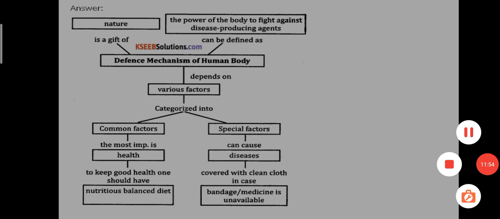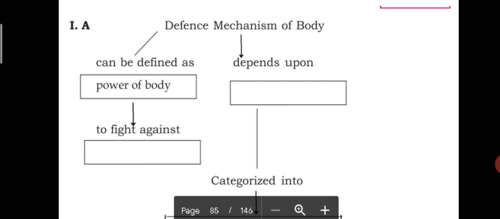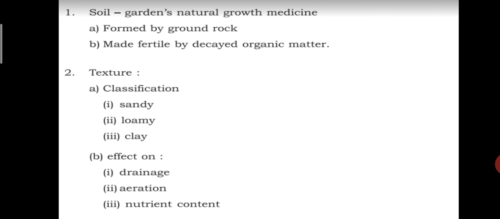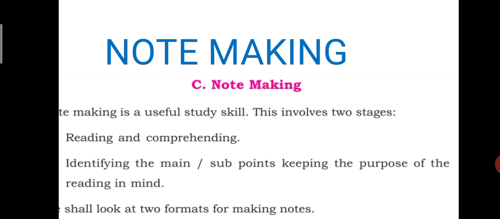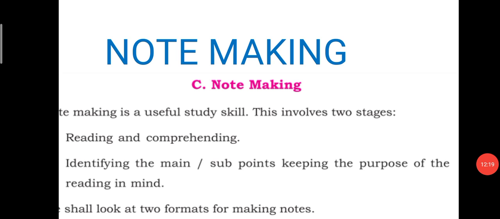So I hope you have already learnt how you should take note making. It's very easy. First of all, you should understand the paragraph that you are reading. You should understand the meaning of the paragraph. Then secondly, you need to keep in mind the important points or the sub points, because the purpose should be clear in your mind.